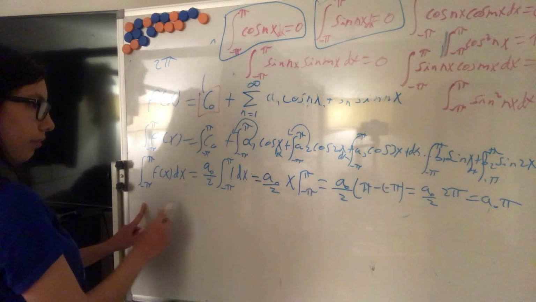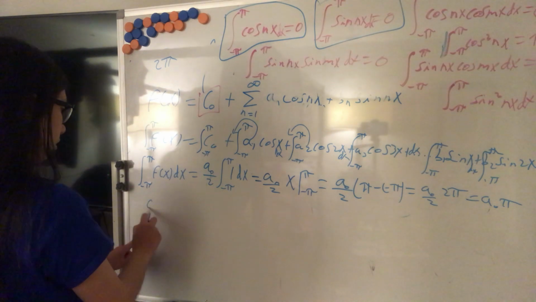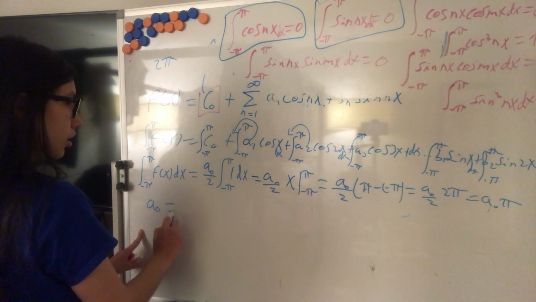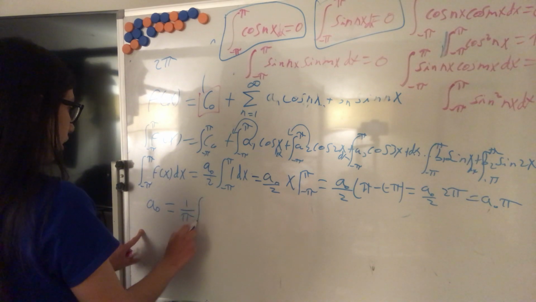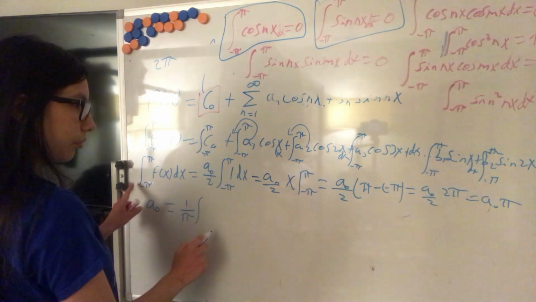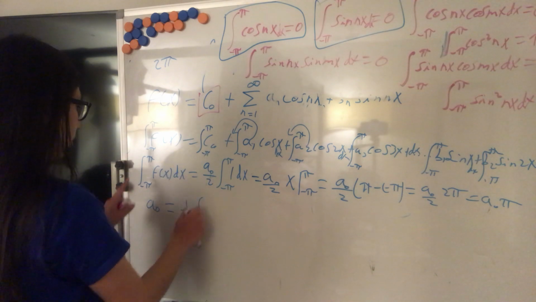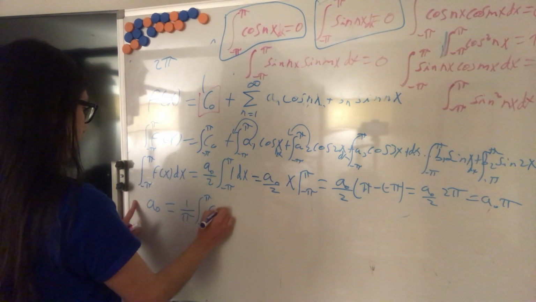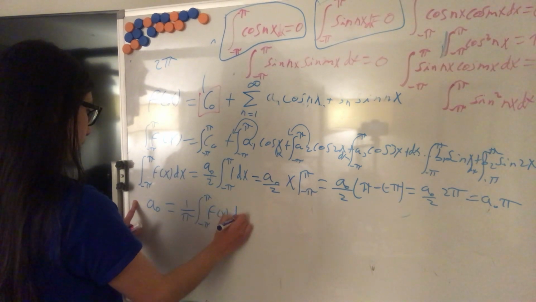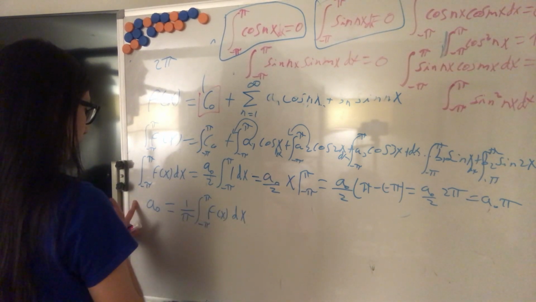So here you have that a sub naught is equal to 1 over pi times the defined integral from minus pi to pi of f of x dx.